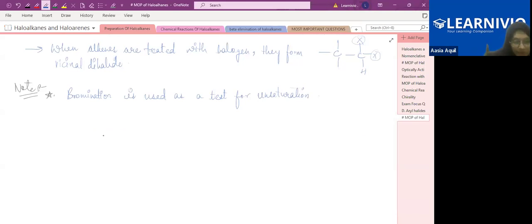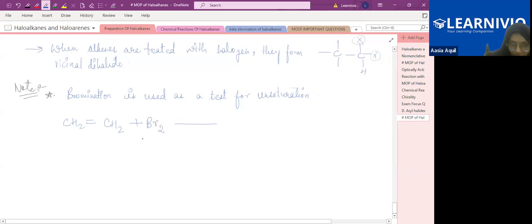Suppose this is CH2 double bond CH2. When you treat any alkene with bromine, this is known as bromination of alkene; you just treat it with Br2.